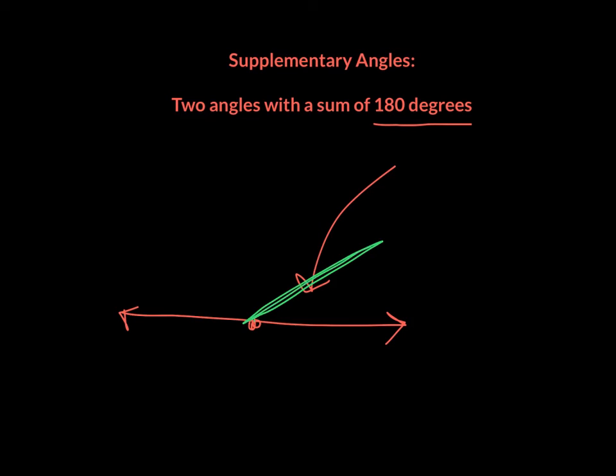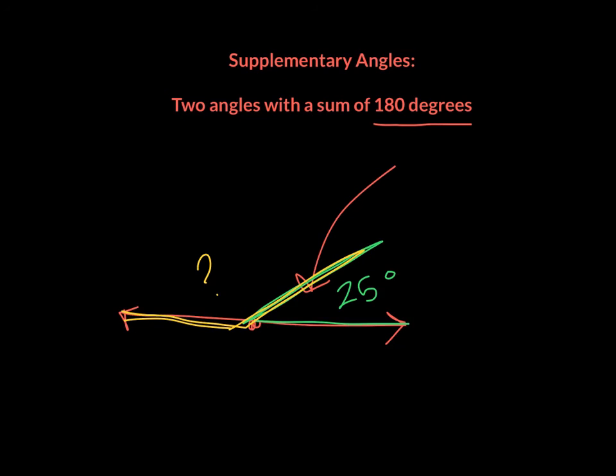So say this is one of our angles here, which would make this over here the other part of the angle. So let's go ahead and make up a number. Let's say this looks like about 25 degrees. So then that would make this yellow side, what plus 25 will get you to the 180 degrees that we know these supplementary angles have to be.